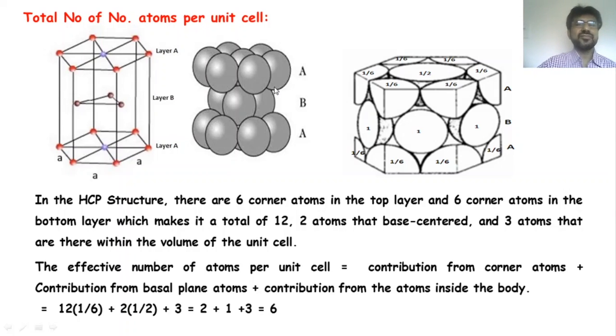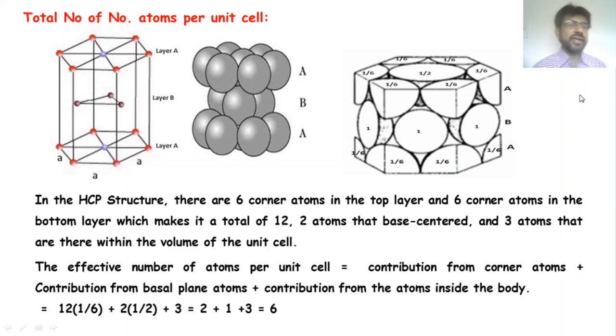So here this is the layer A, in which the 6 atoms are at the 6 corners and 1 atom is at the center. In layer B, there are the 3 atoms inside this unit cell. And again the 6 atoms at the corners of the unit cell of the bottom layer, and the 1 atom which is at the center of the unit cell.